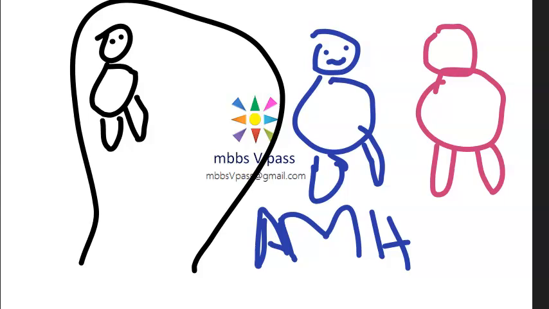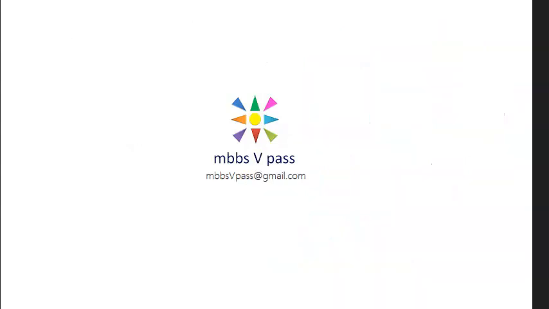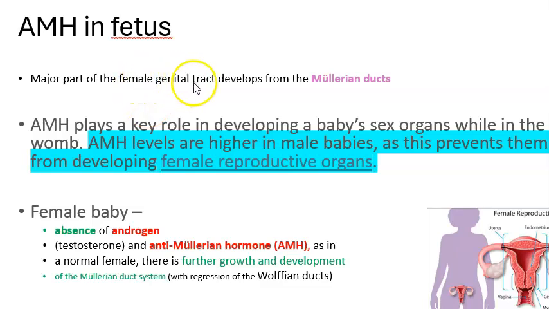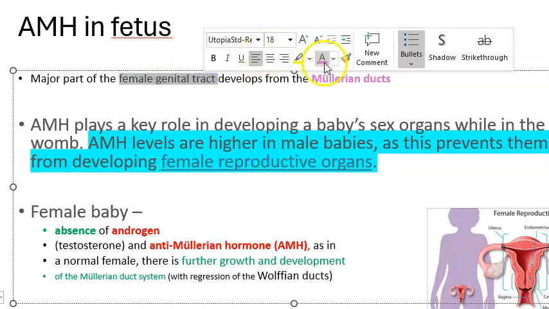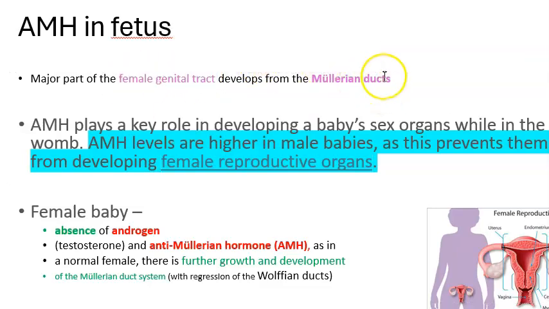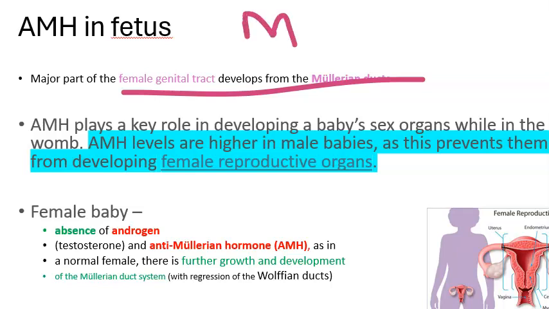So that's why I'm writing AMH in blue. Look at this statement here. The female genital tract develops from the Mullerian ducts. Let's make this pink for you. The female genital tract develops from the Mullerian ducts. So the boy needs anti-Mullerian hormone. Mullerian ducts will give what?